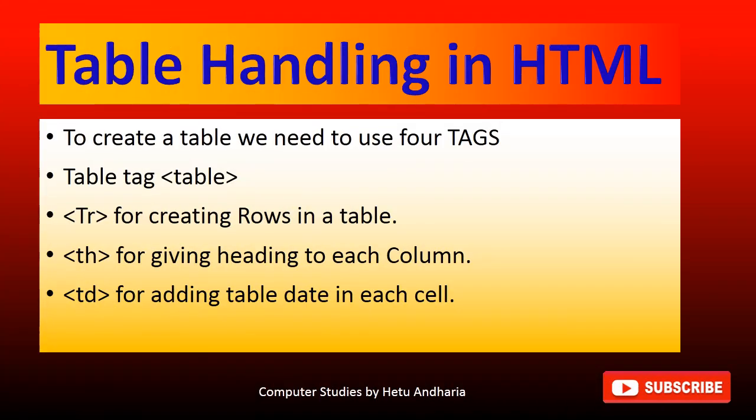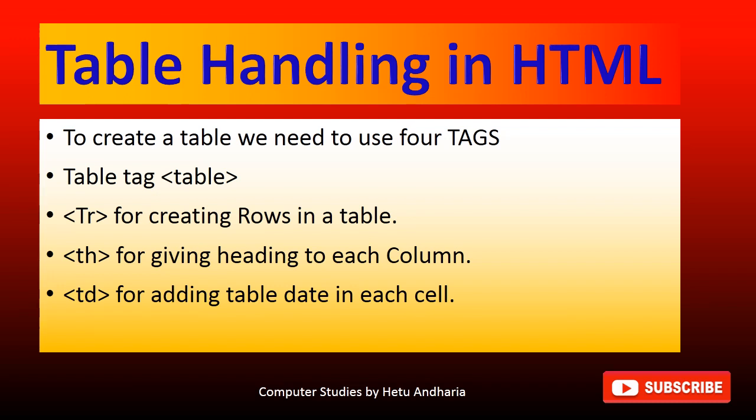To create a table, we need to use 4 tags. The first tag is the table tag, to describe the table; that is the first and foremost tag. All the other tags are to be written between table and /table. Another tag to create rows is tr.